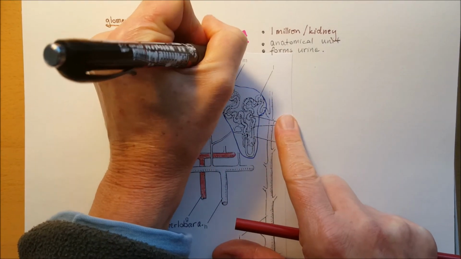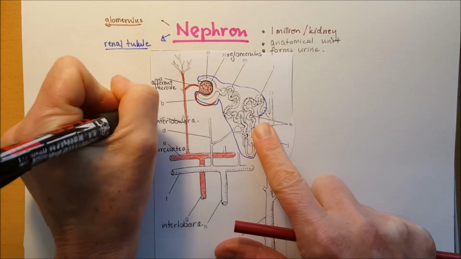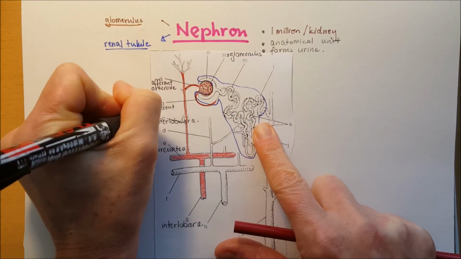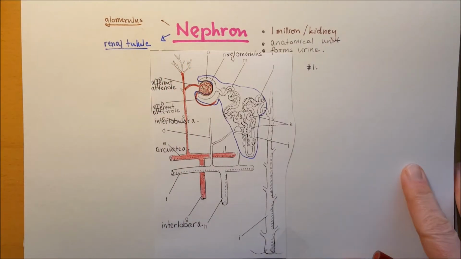Let's talk about this capillary network, and coming out is the afferent arteriole.